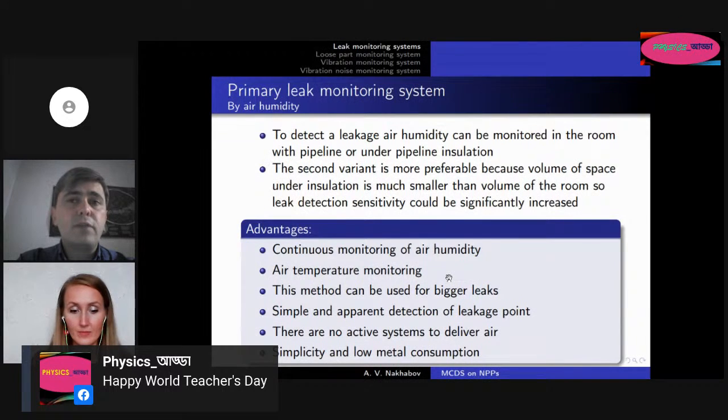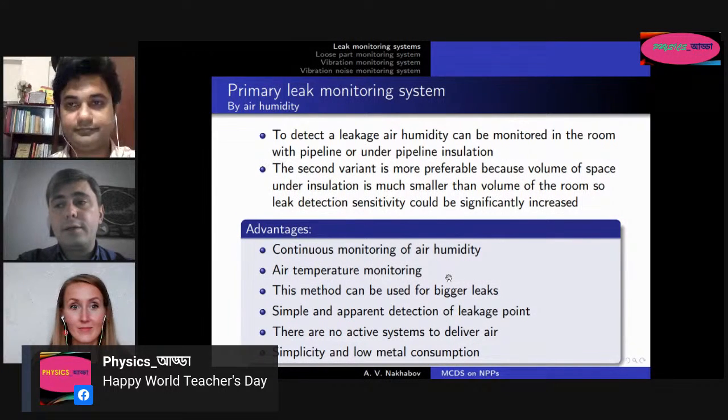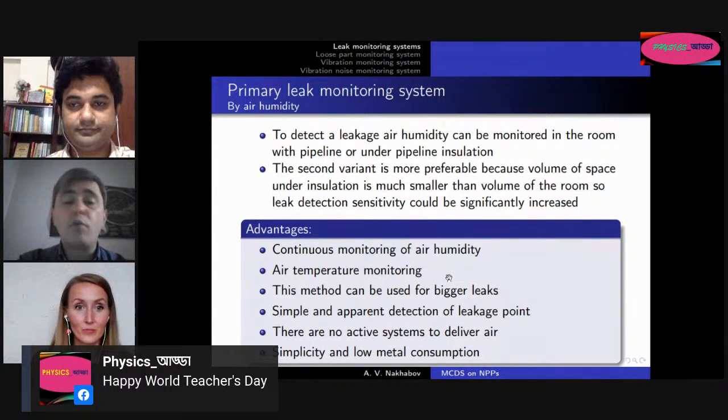It means that very hot water under pressure from the primary circuit will flow into this gap under the insulation, and of course in one moment this water instantly gets evaporated, so we will have only steam, water steam, in this gap.